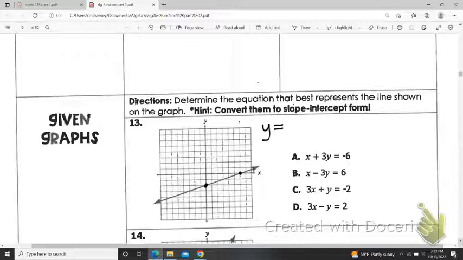So my slope, it's going up 2 and over 6, which I could reduce and make that up 1 over 3, right? Because there's another point right there. And its y-intercept is at negative 2. So I want the equation that would give me this in slope-intercept form.